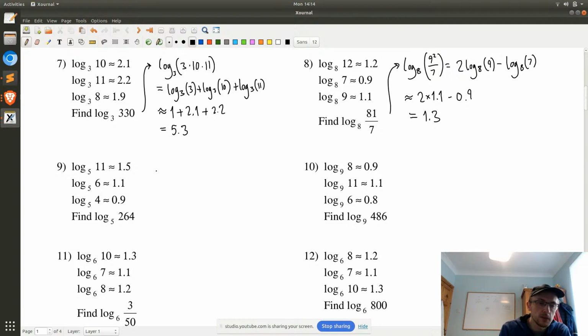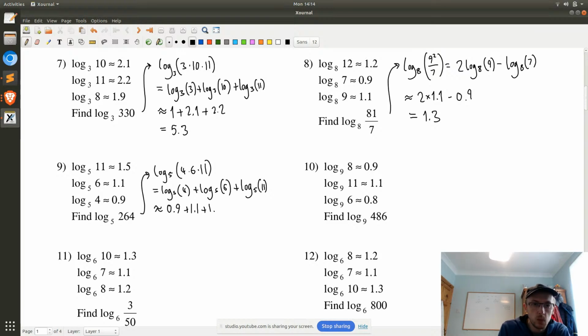So the product of all of these, log base 5 of 4 times 6 times 11, which is log base 5 of 4 plus log base 5 of 6 plus log base 5 of 11. By the approximate figures that is 0.9 plus 1.1 plus 1.5, which is 3.5.